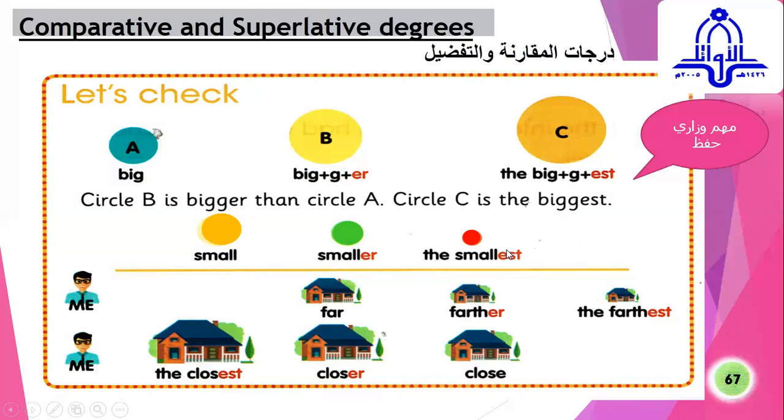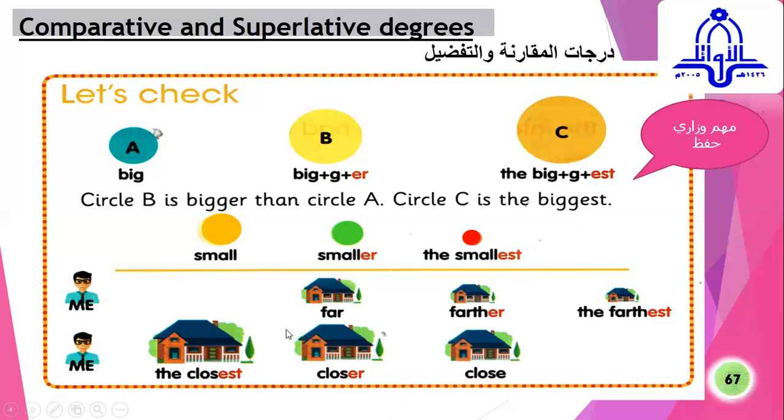The smallest is the superlative with EST. لاحظ أنا عندي الصفة. طبعا درجات المقارنة والتفضيل دائما تكون على الصفات. دائما نستخدمها مع الادجectives. So here we have small, smaller, أصغر, by adding ER, comparative. The smallest, الأصغر هذه superlative اللي هي درجة التفضيل by adding EST. إذا في المقارنة أنا أضيف ER. في التفضيل أضيف EST. هذه في حالة الصفات القصيرة short adjectives.